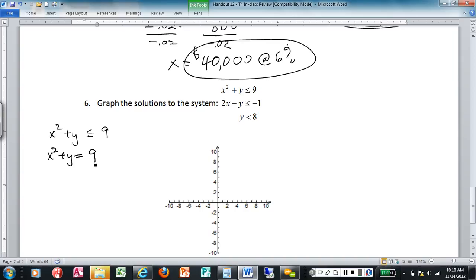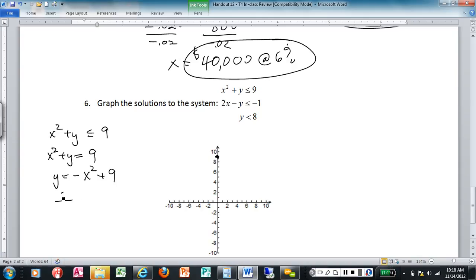X squared plus y equals 9. Well, that's going to be a parabola. If I subtract my x squared, I can see that's a parabola inverted, shifted up 9.